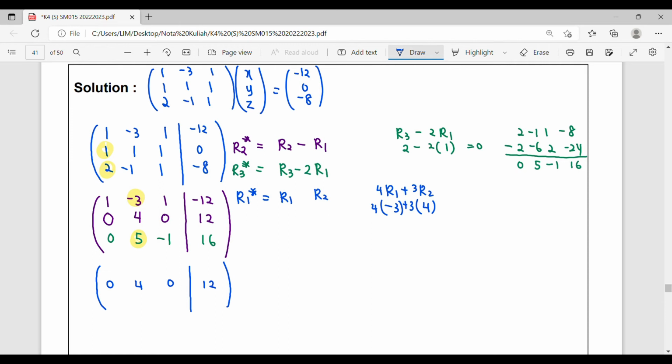Our operation will be 4R1 plus 3R2 so that we can obtain 0. So we operate on the whole row: row 1 times 4, row 2 times 3, and add together. So here we have 4, 0, 4, negative 12.